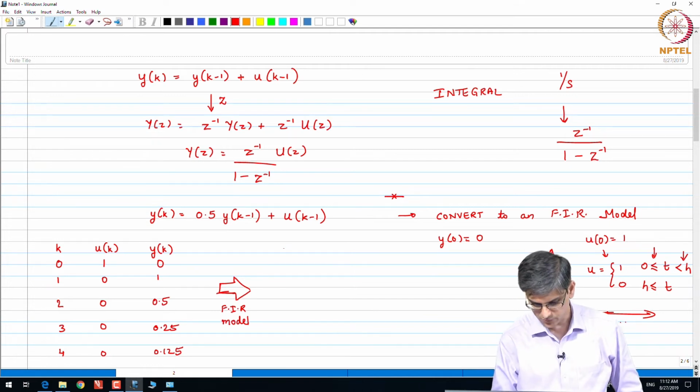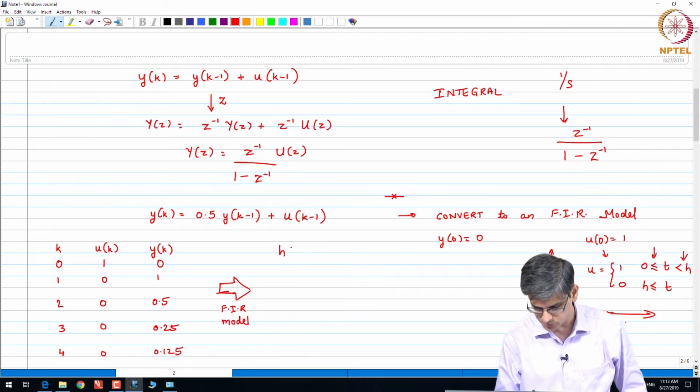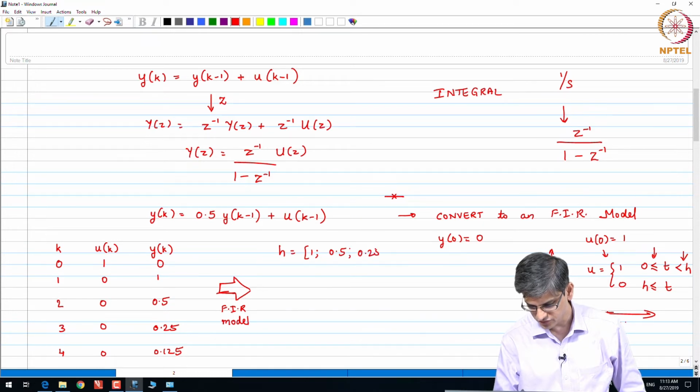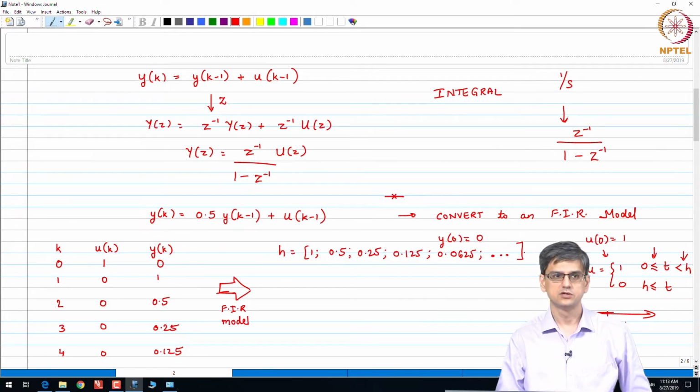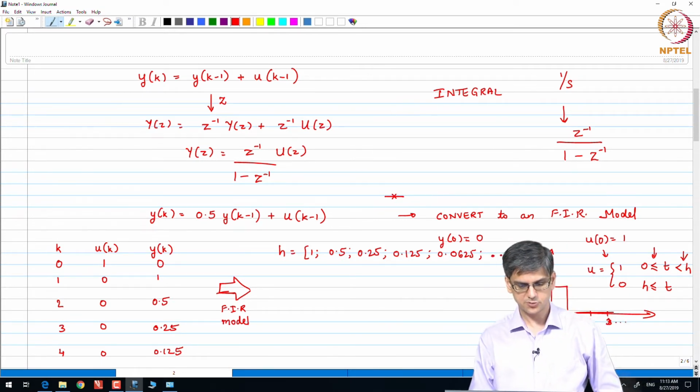Your impulse response coefficients are 1, 0.5, 0.25, 0.125, 0.0625, and so on and so forth. These are your impulse response coefficients.